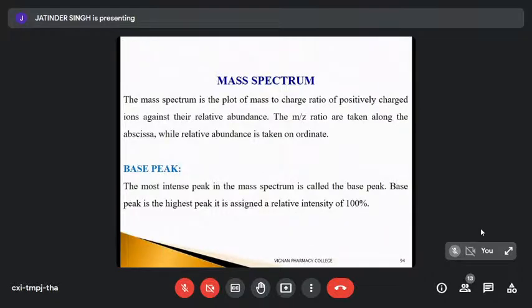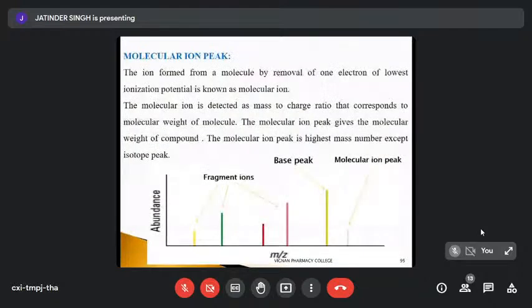So how to predict the mass spectrum? This is the mass spectrum which we obtain, and we get different peaks. And what can happen when the electrons produced by the ion source bombard the atom or molecule of the analyte, it gets decomposed, and different fragments are produced.